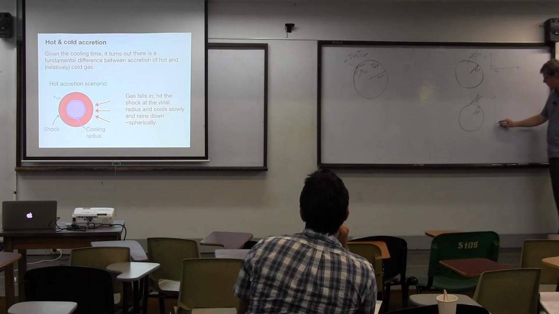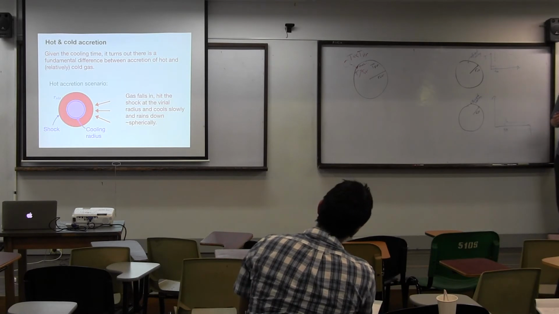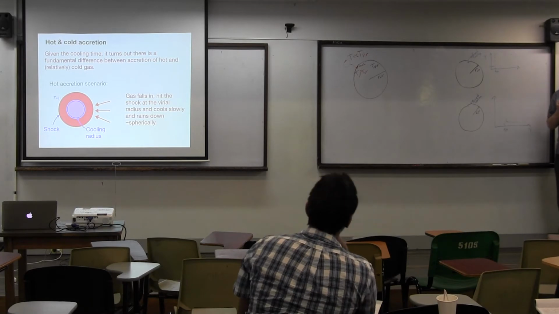Well, it's still low temperature outside. It might go up a bit, but it cools down again. Okay, because it cools very quickly. It doesn't have a chance to heat up properly, and it cools very quickly. That's the simplistic picture. What's the real picture?